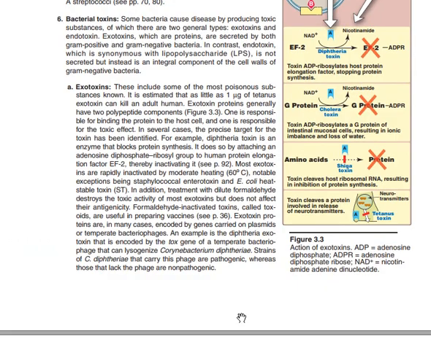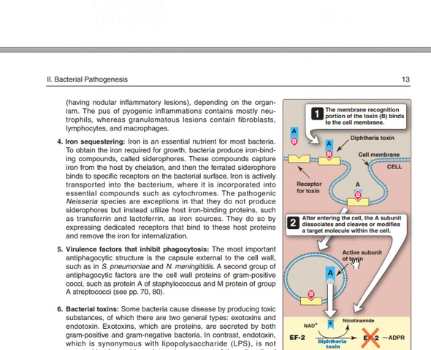Now the next diagram is going to show you the action of exotoxins. In this diagram, ADP is adenosine diphosphate, ADPR is adenosine diphosphate ribose, and NAD plus is nicotinamide adenine dinucleotide. So it starts by number 1.